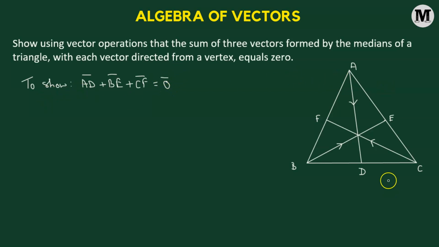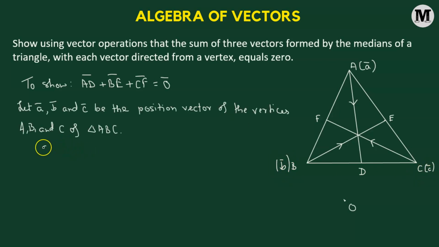First, we will consider a point O, which is going to be the origin of some coordinate system. With respect to this origin, we're going to define the position vectors of points A, B and C, including the position vectors of the points D, E, F. So let the position vectors of the vertices A, B and C be defined by the vectors A, B and C respectively.